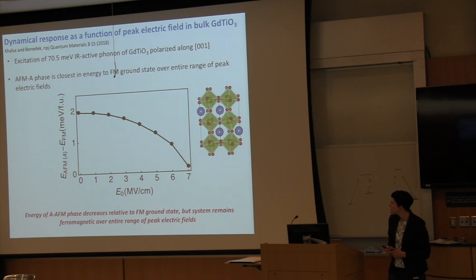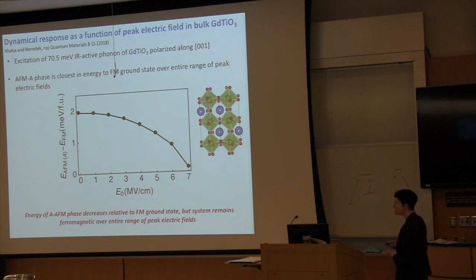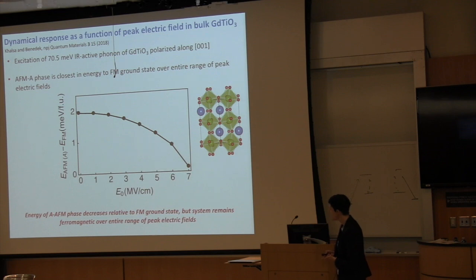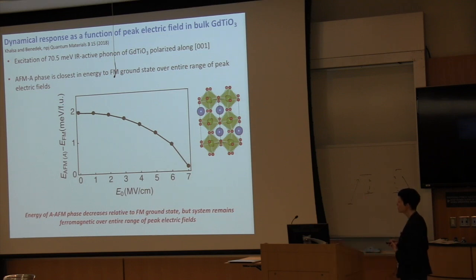Okay, so these are the results from our simulation, for excitation of a 70.5 millieV IR active phonon of gadolinium titanate polarized along this long axis. The plot shows the difference in energy between the A-type AFM phase and the ferromagnetic phase as a function of peak electric field of the incoming light pulse.